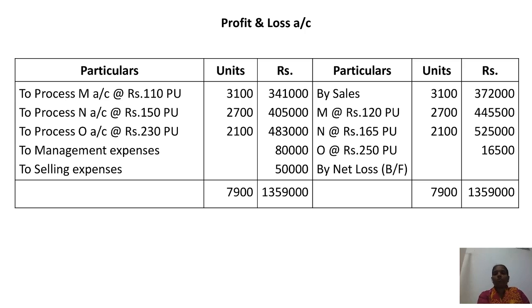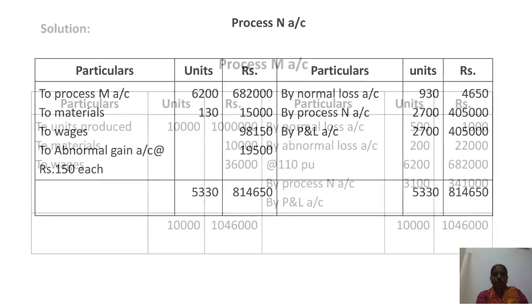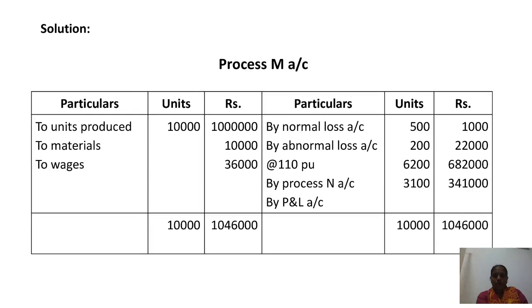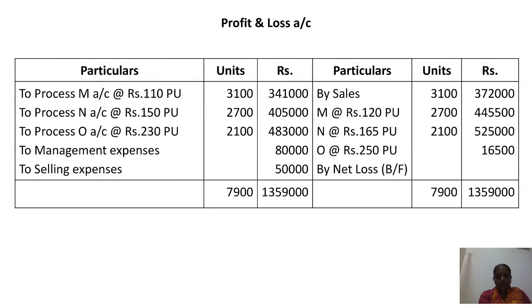So when we open the profit and loss account, process M account is credited to the extent of 3,41,000. Process N account is credited 4,05,000, and process O account is credited 4,83,000.